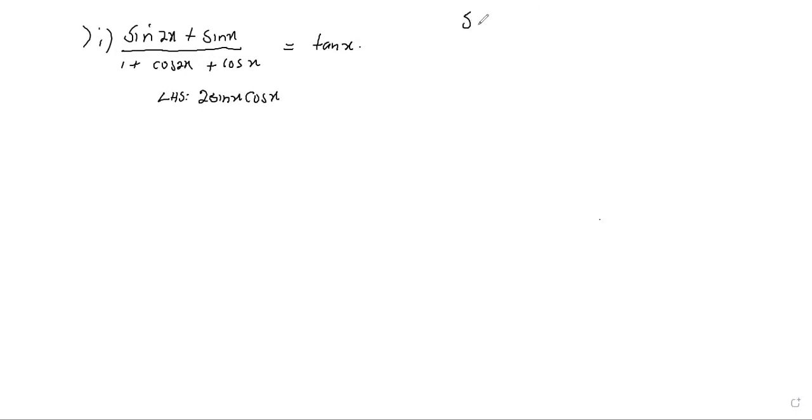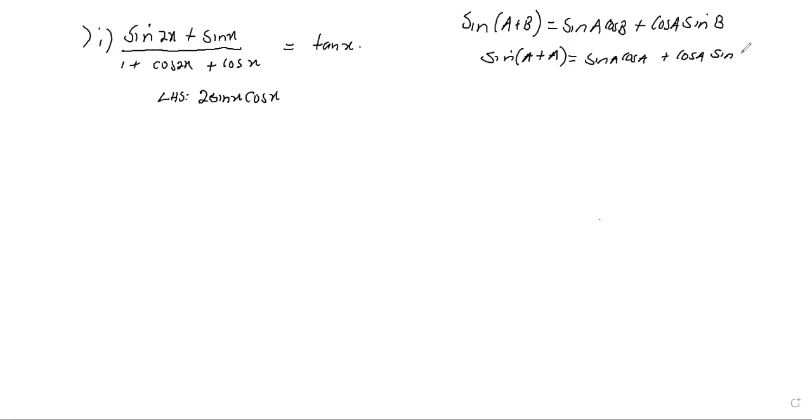Since it's coming from the identity sine A plus B, which is sine A cos B plus cos A sine B. So where there is B, we put another A, we do A plus A. This will be sine A cos A plus cos A sine A. And so you see that this will be sine 2A, giving us 2 sine A cos A. So that's why we are saying sine 2x is the same thing as 2 sine A cos A.